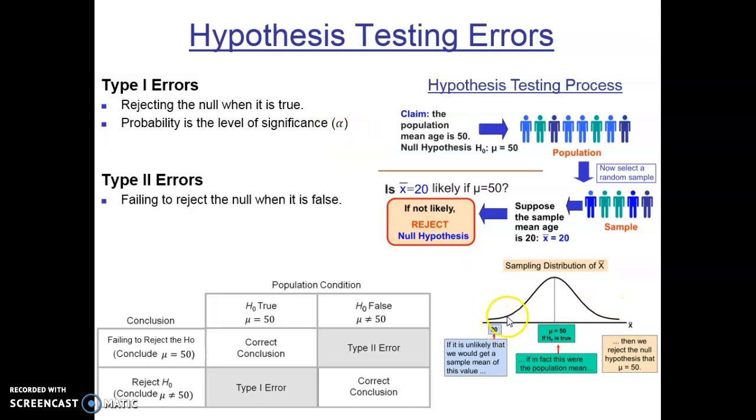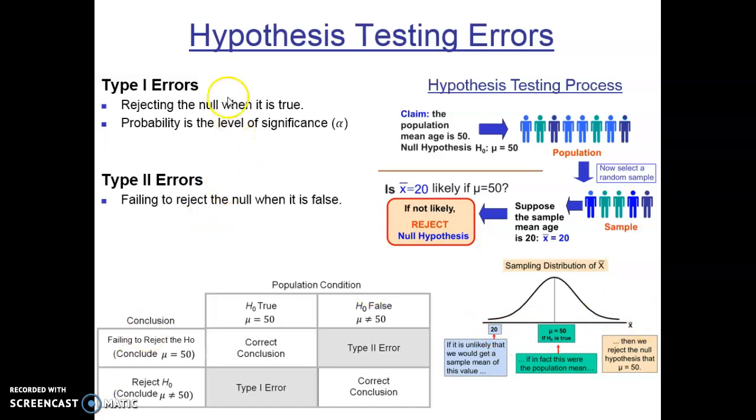If we have a 5% level of significance, then this bottom tail would be half of that, 2.5%, and this top tail would be half, 2.5%. 2.5 and 2.5 would be 5%. So we would get a rejection of the null anytime we got a sample that is in the tails, that is 5% of the time.